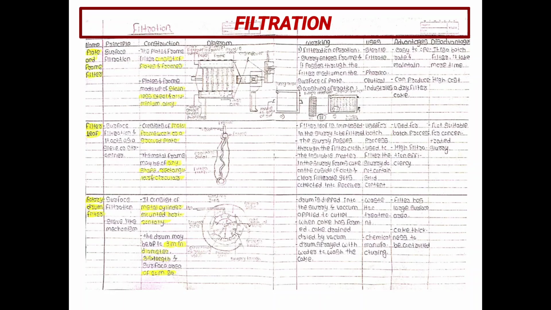Plate and frame filter is the equipment used for filtration, for sterile filtrate in pharmaceutical industries. Filter leaf is another one, used for batch processes. Rotary drum filter is used for waste treatment.